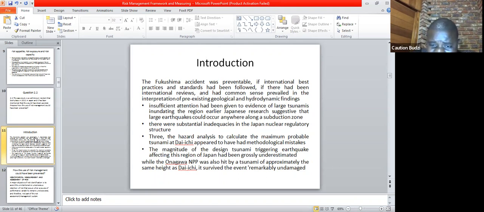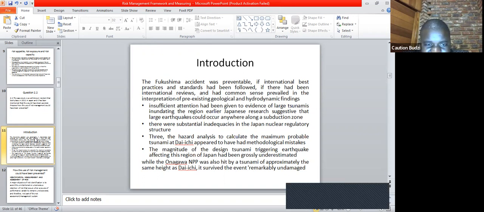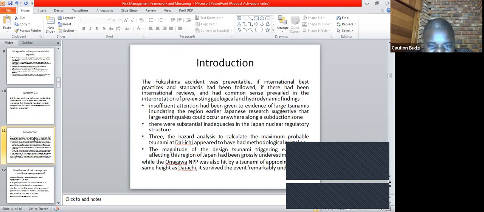The hazard analysis to calculate the maximum probable tsunami height appeared to have methodological mistakes. So the processes and methods used to calculate the probability and magnitude of these tsunamis were found to have some mistakes in the methods and strategies used.